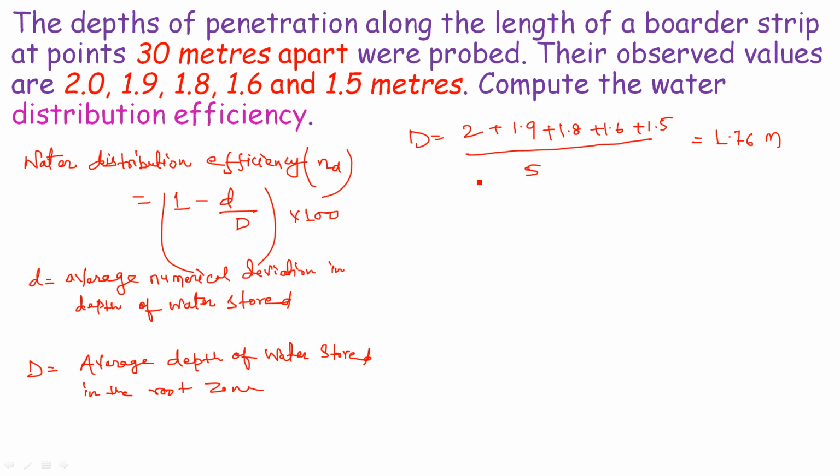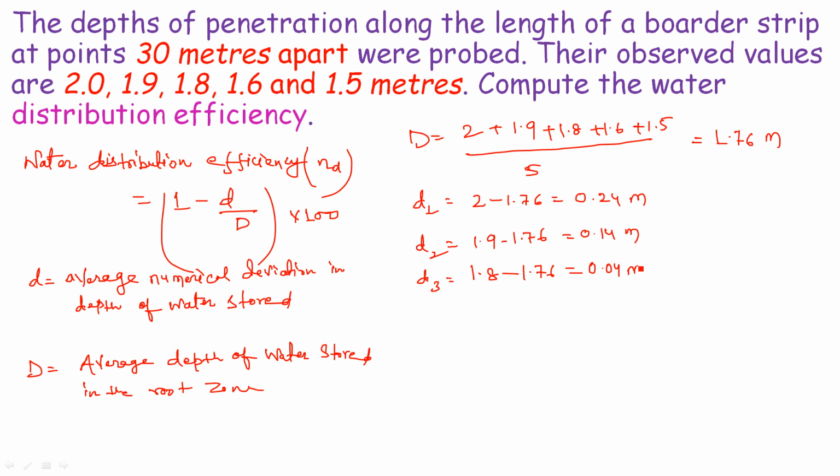Okay, and if you find the deviation for each data, D1 is equal to 2 minus 1.76, which comes as 0.24 meter. Now for D2, similarly, 1.9 minus 1.76, which is 0.14 meter. Similarly for D3, 1.8 minus 1.76, that is 0.04 meter.